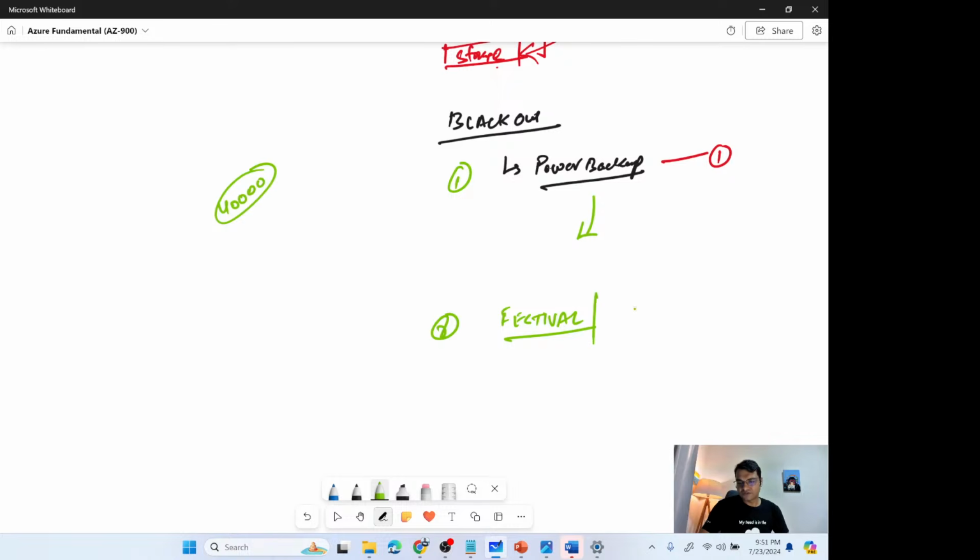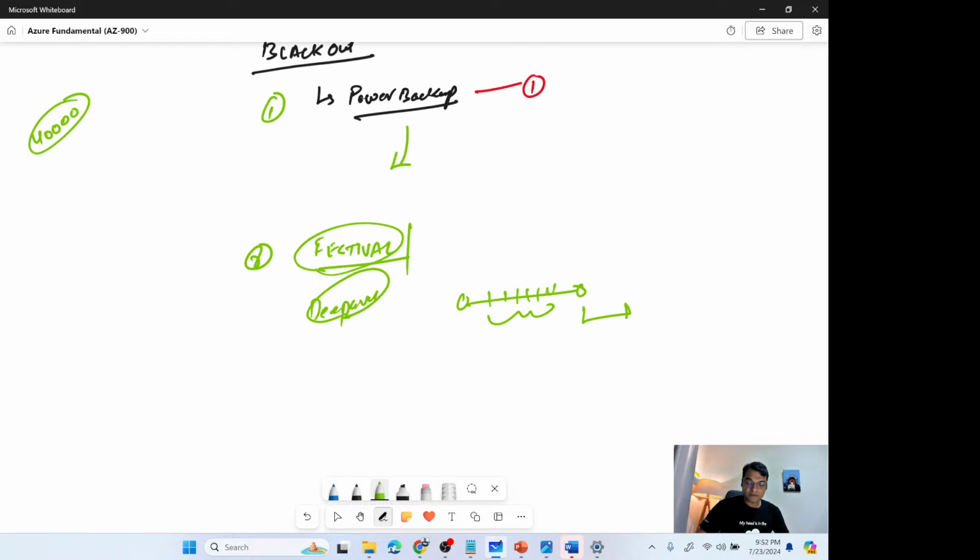So if we talk about, let's say, the festival in India, Deepavali for example, there is this period of, let's say, 1 week where there would be more and more sales happening. Thereafter, when this is gone, we don't perhaps require that much hardware or compute power to be powering her website, right? So then she understood another challenge with this setup, and that challenge was that it is not elastic.